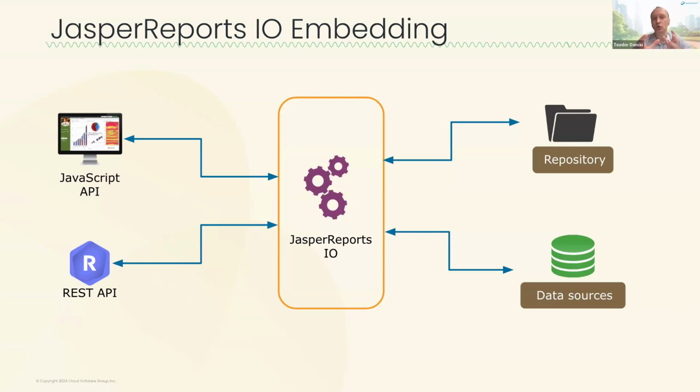So behind the scenes, these are the two main services that we rely on: a repository for templates and metadata, reporting metadata, basically, and of course the data sources that fuel up these reports. It's true that there are cases where the data is actually sent by the caller, but I mean, you could send not only parameters but chunks of JSON data, and your reports would have everything they need when you call them, right? There are different scenarios, but the overall architecture is like this, with a repository and data sources behind a black box reporting service.